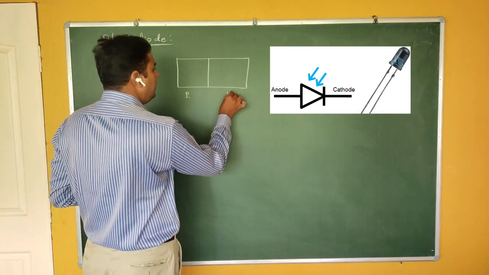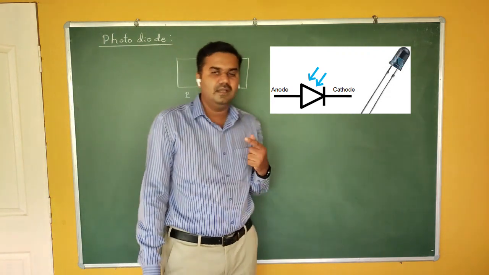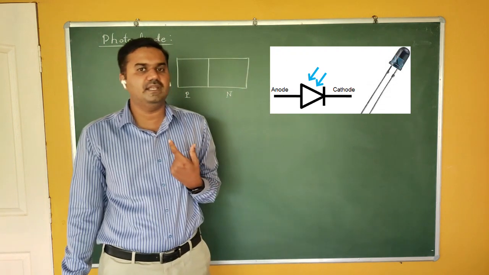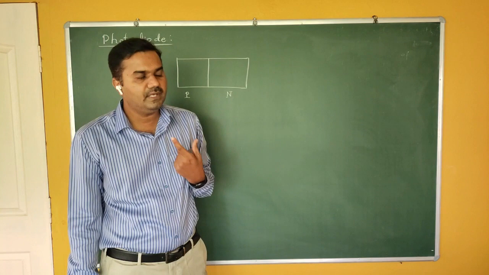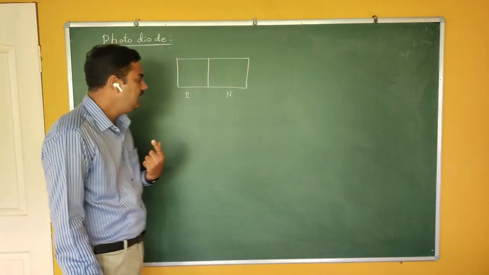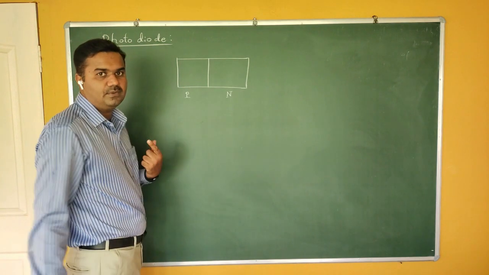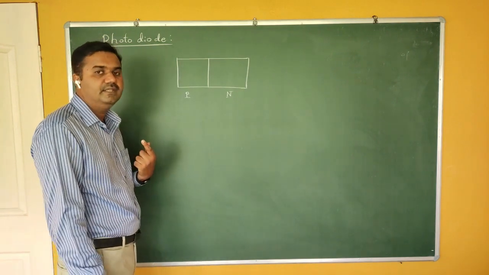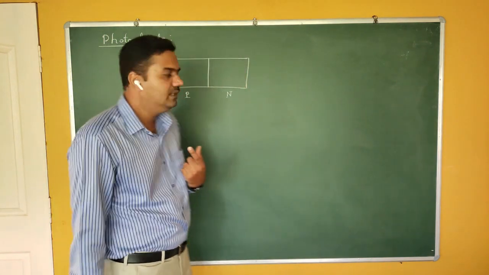P type material is made by adding trivalent impurity atoms, and N type material is made by adding pentavalent impurity atoms. Then on one side you have the majority of electrons, and on the other side the majority of holes, that is, vacancies of electrons.